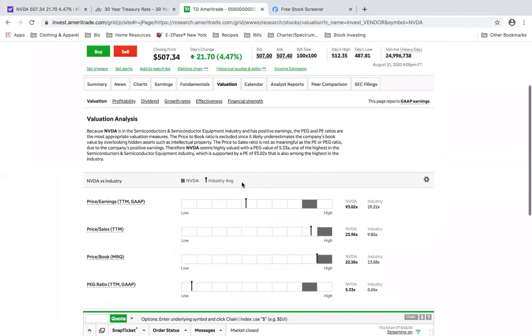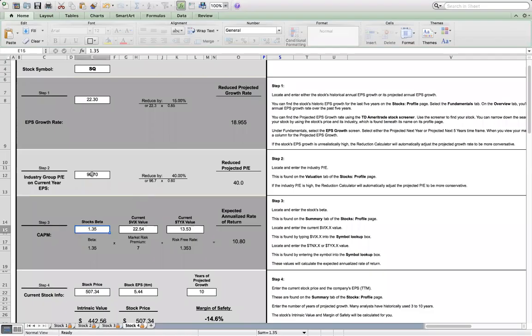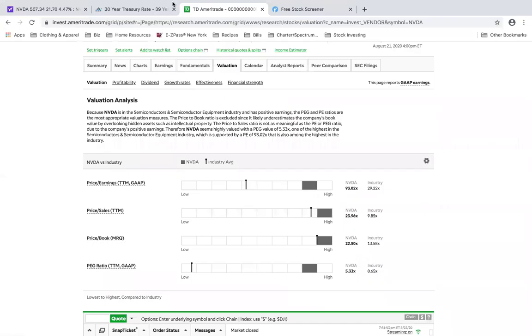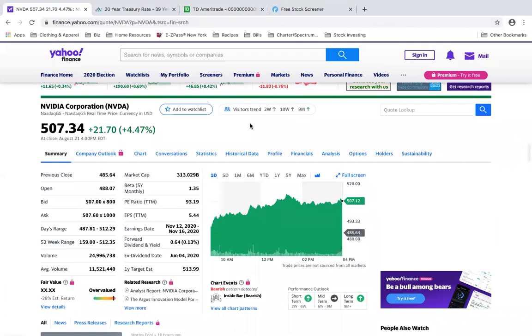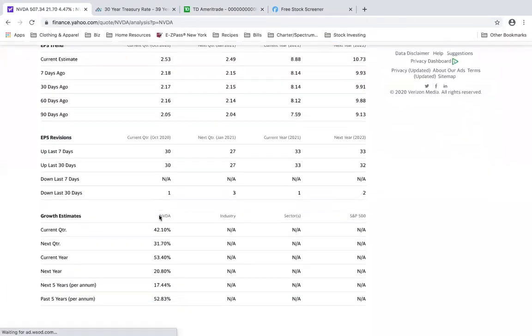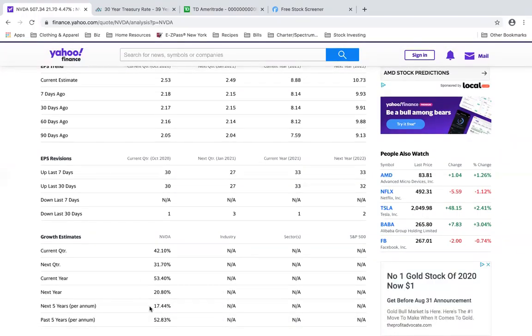Industry average 29.22. And growth rate for NVIDIA. 17.44. And look, in the past 5 years it's at 52.83. Next 5 years is at 17.44. It's a big difference.